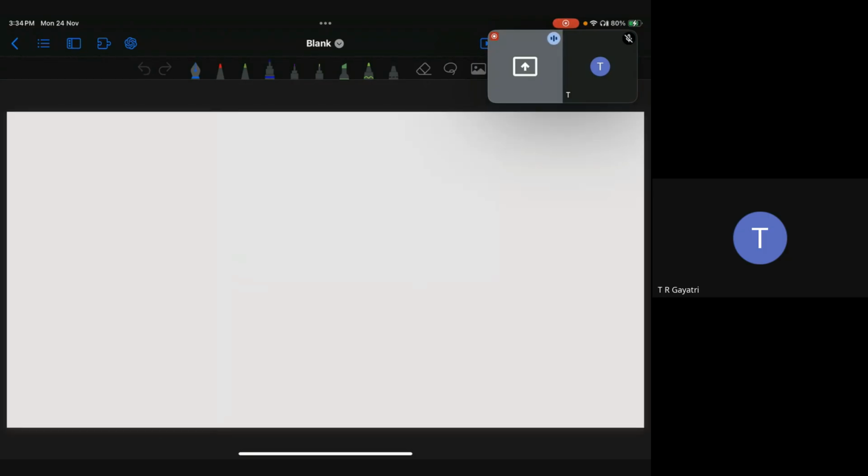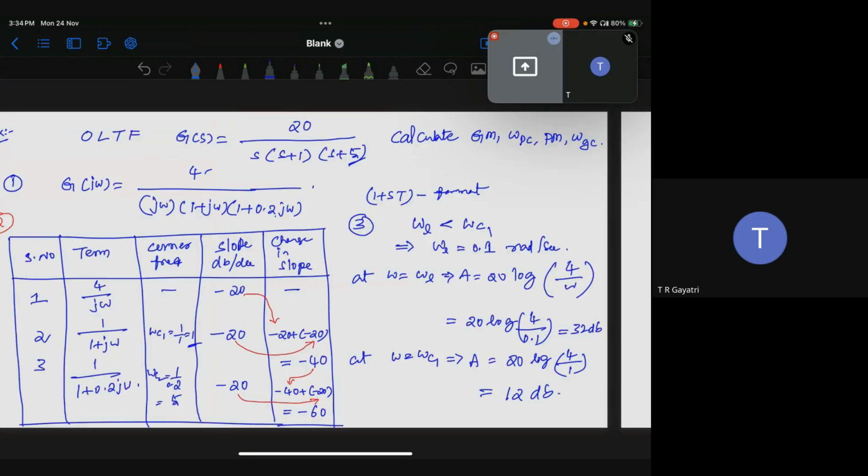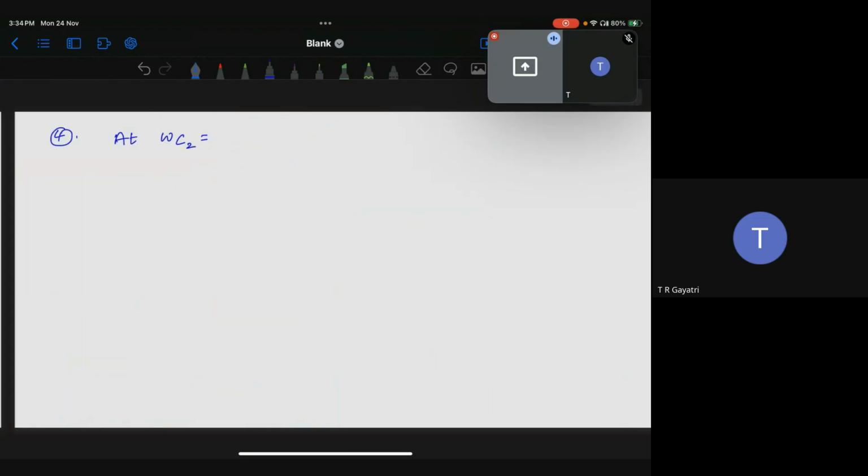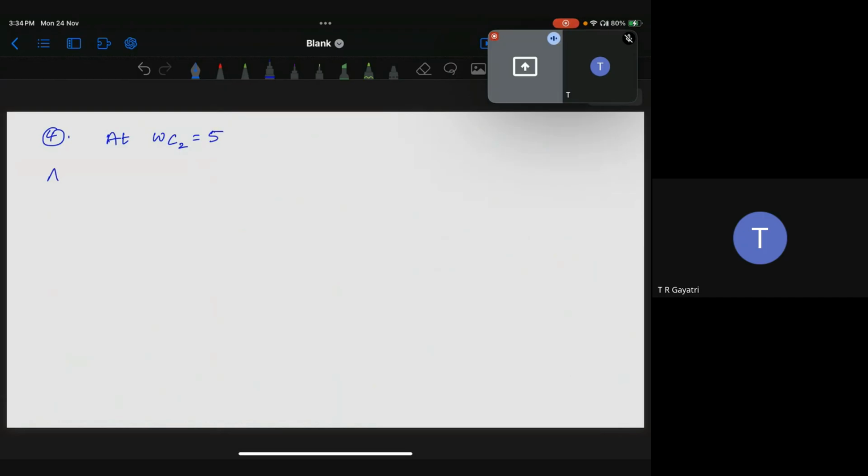Next, step 4. At omega is equal to omega C2, which is 5, at this value of A is what? A at omega is equal to omega C1 plus slope change from omega C1 to omega C2 multiplied by log omega C2 by omega C1.